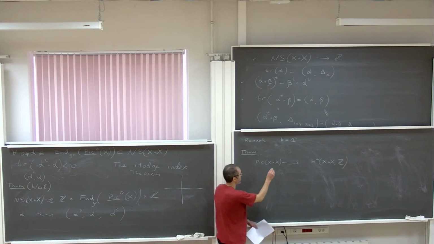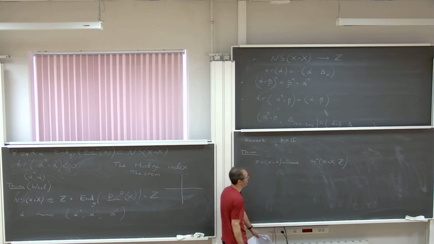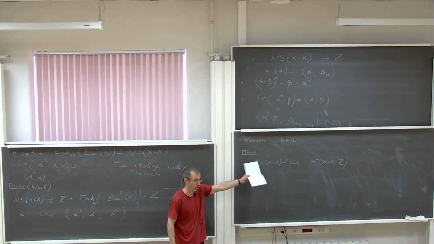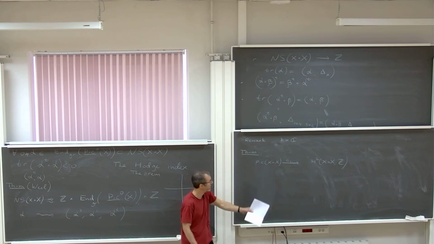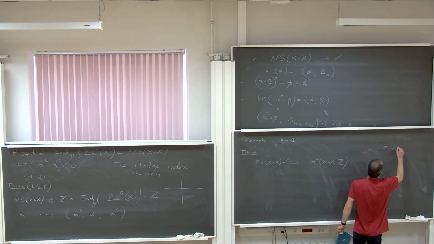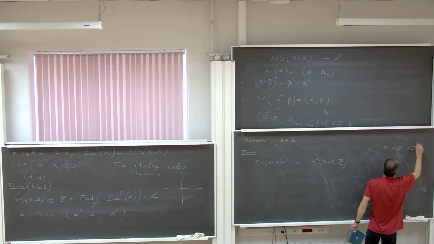This is the Chern class map, c1. You can define it, for example, using the exponential short exact sequence: Z goes to O goes to O star. This is the exponential.